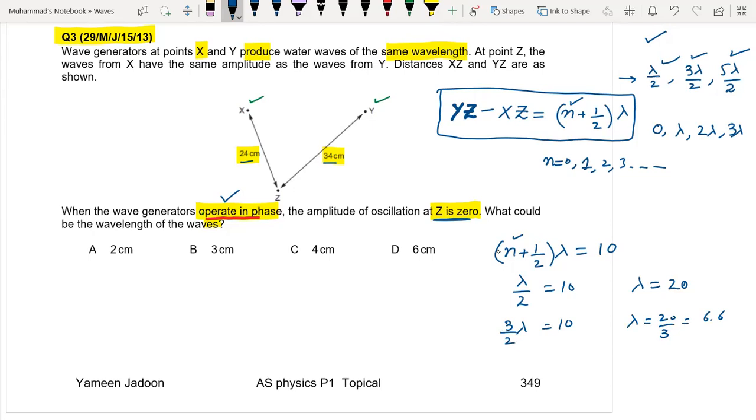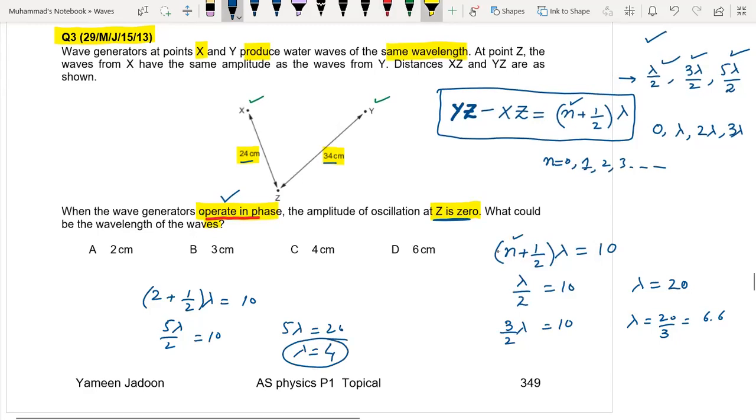Then I put n equal to 2 in this equation. So 2 plus half lambda is 10. So what is the answer? For 5 lambda by 2 equal to 10, 5 lambda is 20, so lambda is 4. Lambda 4 is available there.